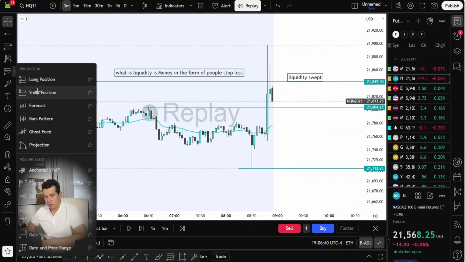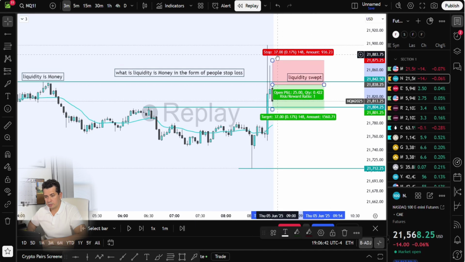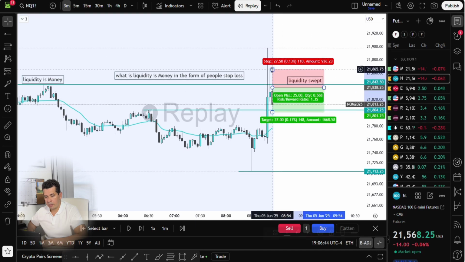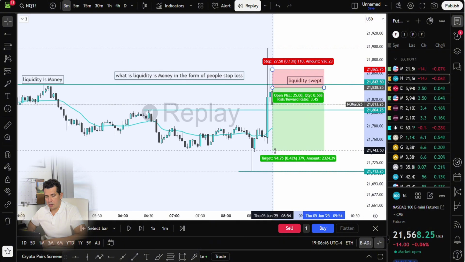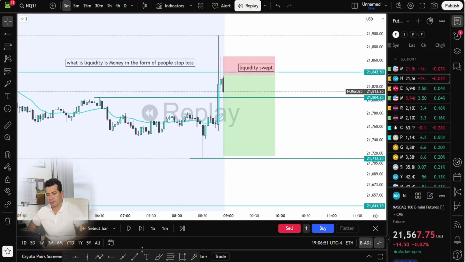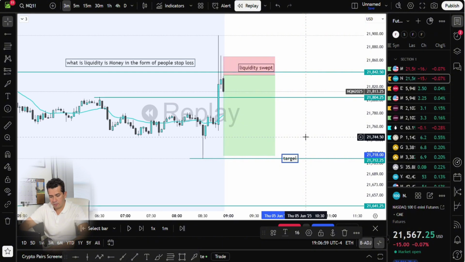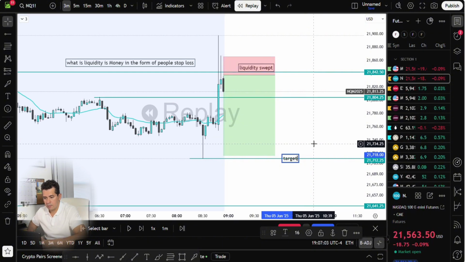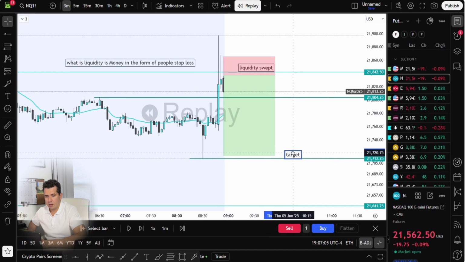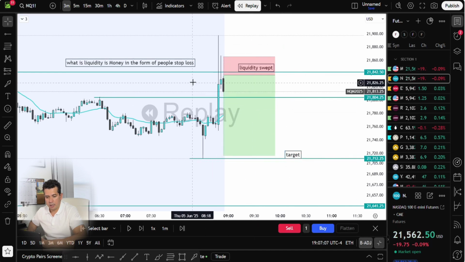So let's do it, and then we put our target right there. So the target would be on the other side of liquidity.